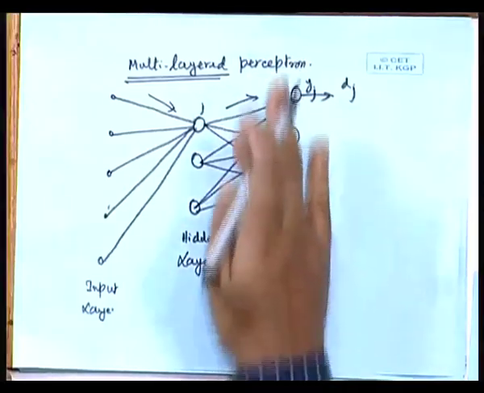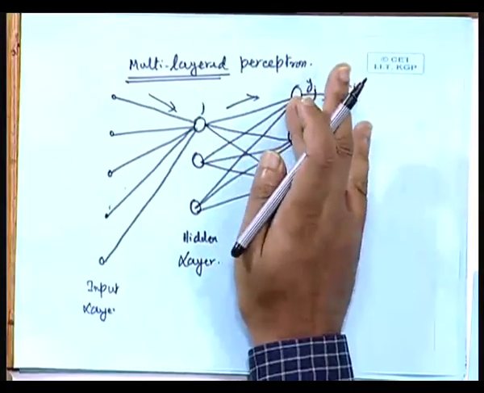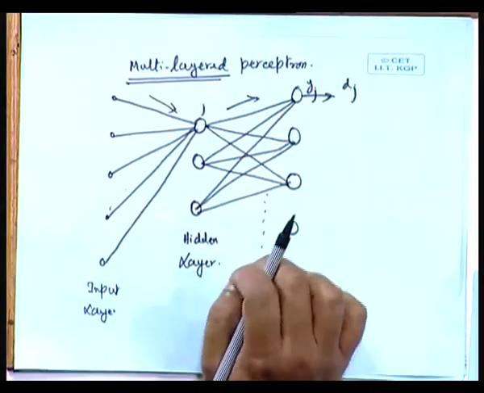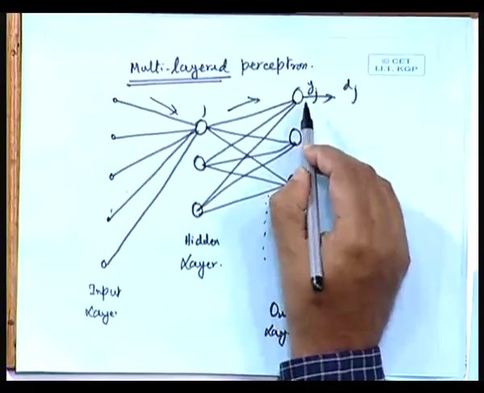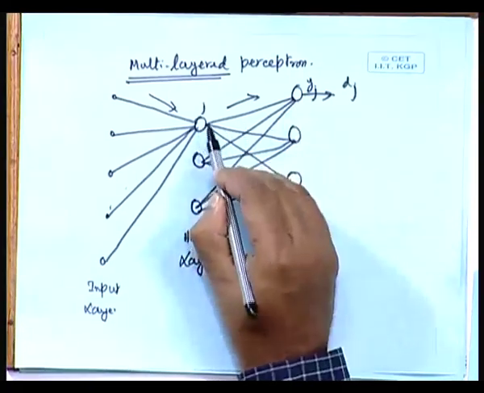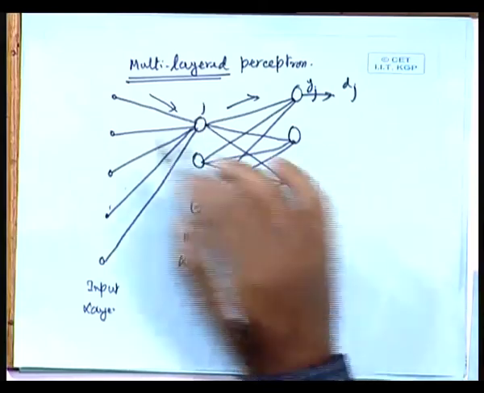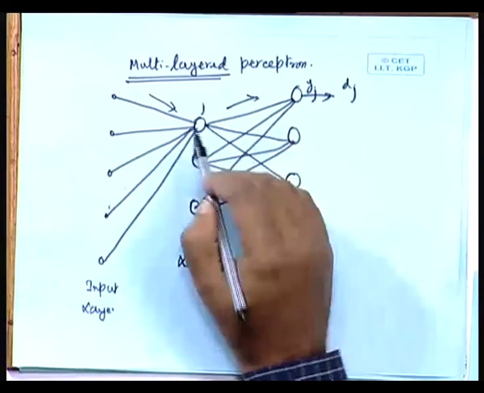Accordingly there will be some error ej, which is yj minus dj, but using that error we can update the weights that are connected between the output and the layer immediately preceding it.